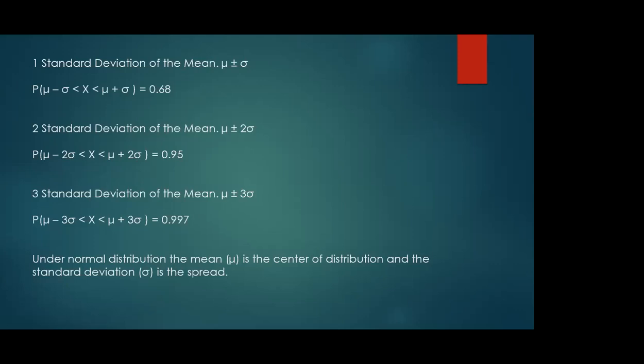So in layman's terms, the probability of X having a value between the mean minus 2 standard deviations and the mean plus 2 standard deviations is equal to 0.95. It makes sense for you guys to remember these probabilities. They're very important.